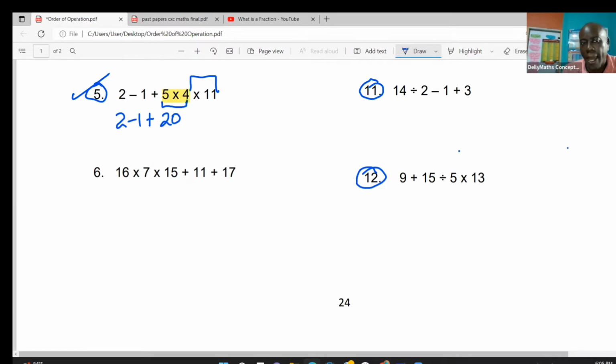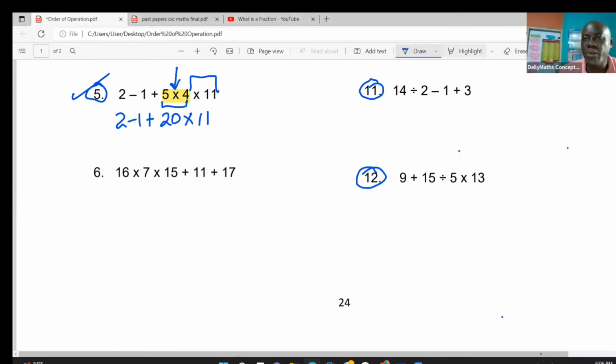Now I'm going to write back times 11. So technically, I only dealt with this piece right now. And everything else I had written back around it. So now, the next thing is that we look again. I'm seeing 2 minus 1 plus 20 times 11. Oh, I cannot subtract.